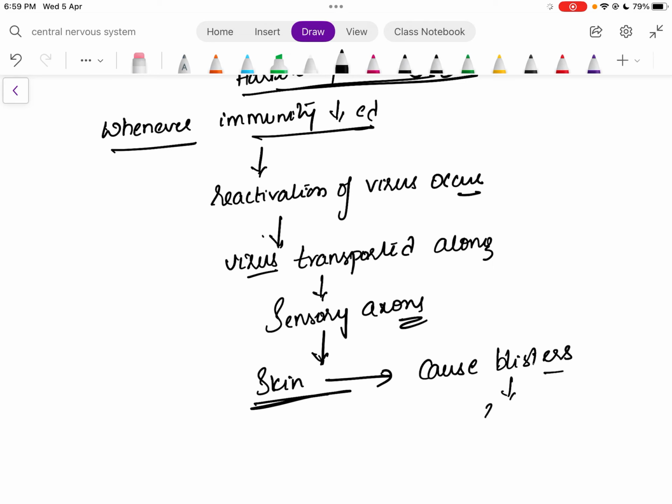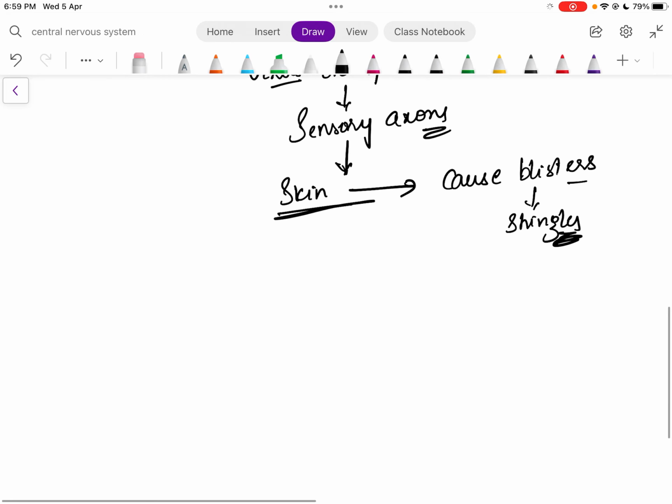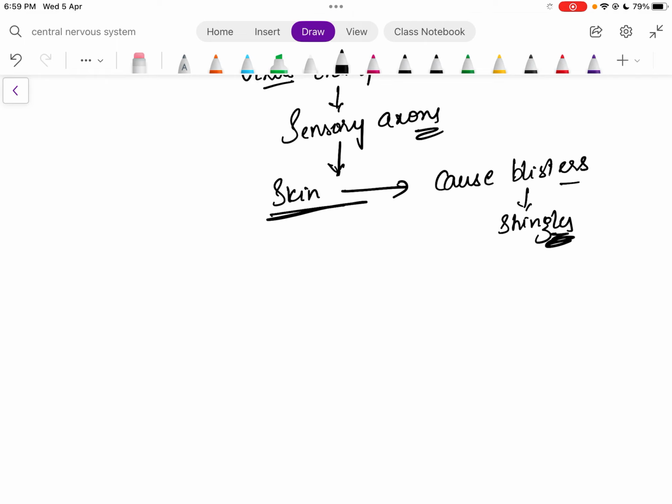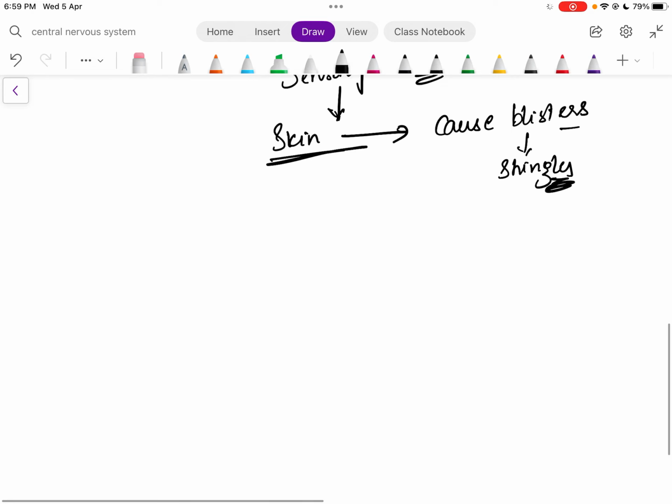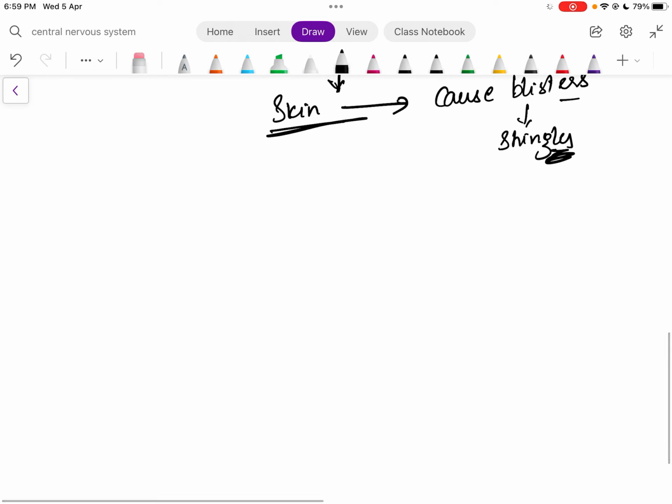This group of blisters in herpes zoster is called shingles. This is how herpes zoster is harbored for many years, and whenever immunity decreases, they'll cause blisters and reactivation of disease will occur. That is about viruses.